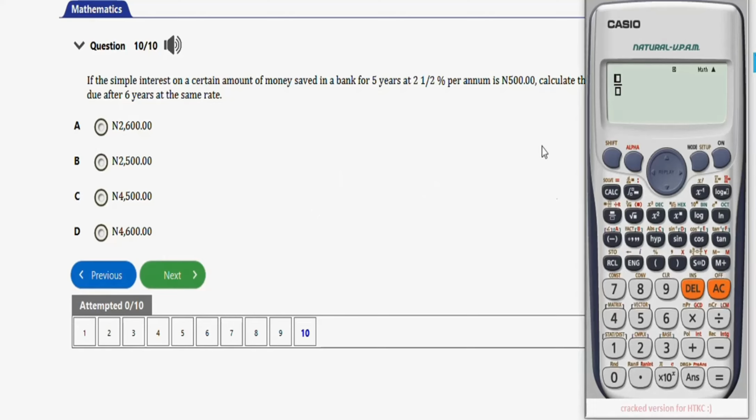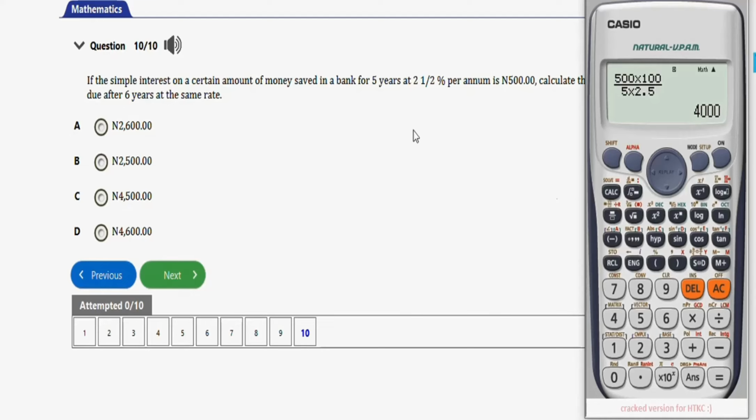The principal will be the interest, which is 500 in this question, times 100 over time, 5, times the rate, 2.5. So this is simple interest. Let's get the principal: interest times 100 over time times rate equals 4,000. So this is the principal in 5 years.